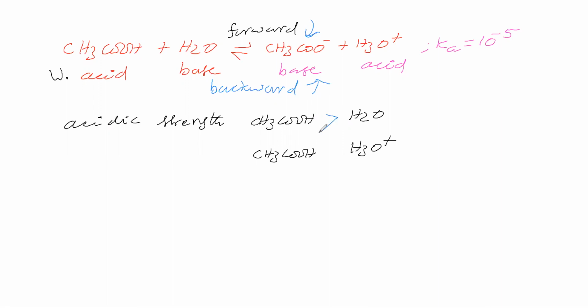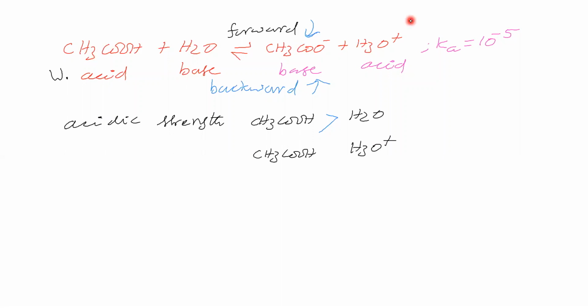How the acidic strength of acetic acid and hydronium ion compare, that we will see. Forward is taking place to a lesser extent, whereas backward is taking place to a greater extent. That means hydronium has more tendency to convert back, and acetic acid has less tendency to convert.